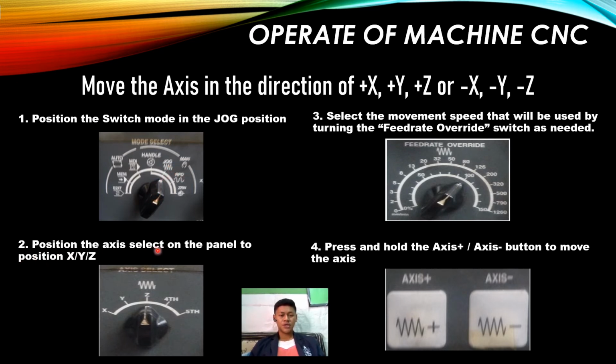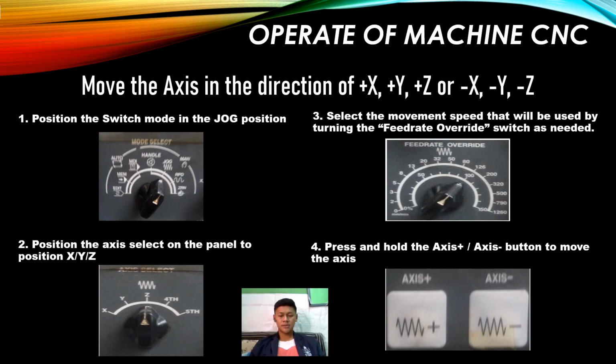Two, position the axis select on the panel to position X or Y or Z. Three, select the movement speed that will be used by turning the feed rate switch as needed. And four, press and hold the axis button to move the axis.